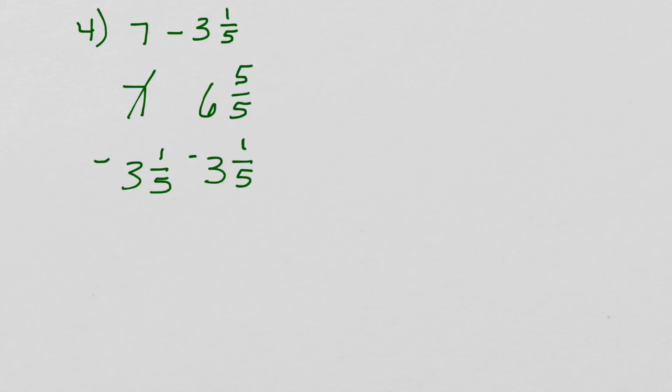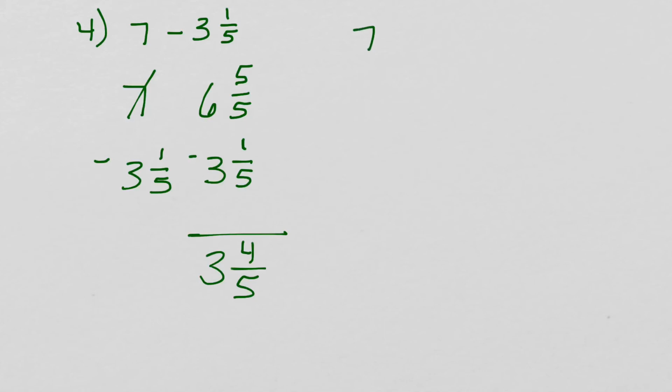And so 6 and 5/5 is the same as 7. I just rewrote it. Now all I'm going to do is subtract, and I'm going to go ahead and subtract the 5 and the 1, and that's going to give me 4. My denominators are both 5, so they're going to stay 5. And then 6 minus 3 is 3, so 3 and 4/5.